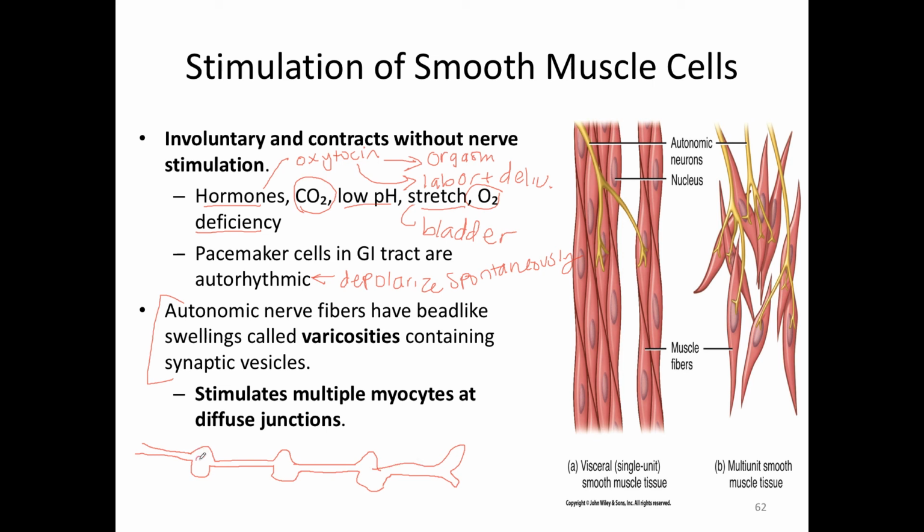Let's draw some neurotransmitter vesicles in there. So this stimulates multiple myocytes at diffuse junctions. If I excite this neuron, it can excite this myocyte and this one, and maybe one over here as well.